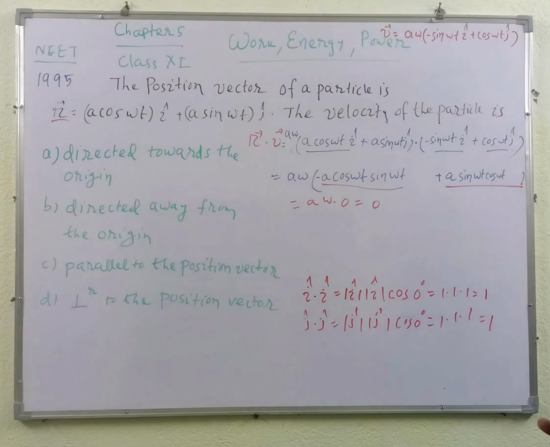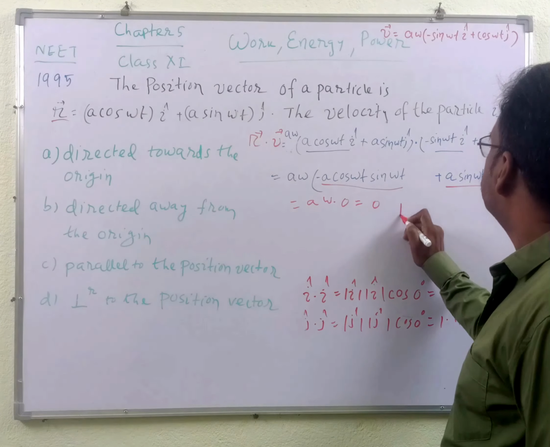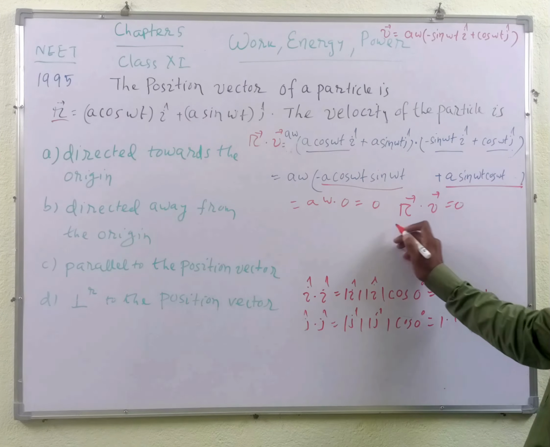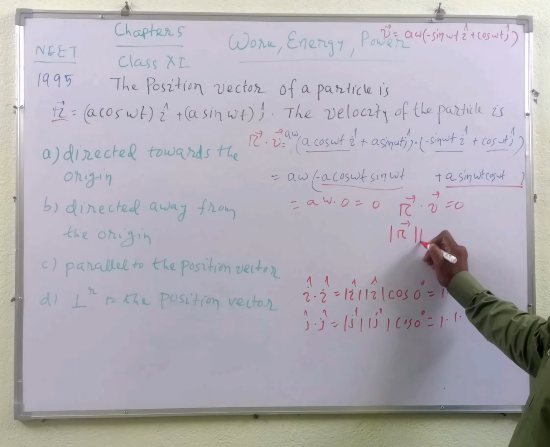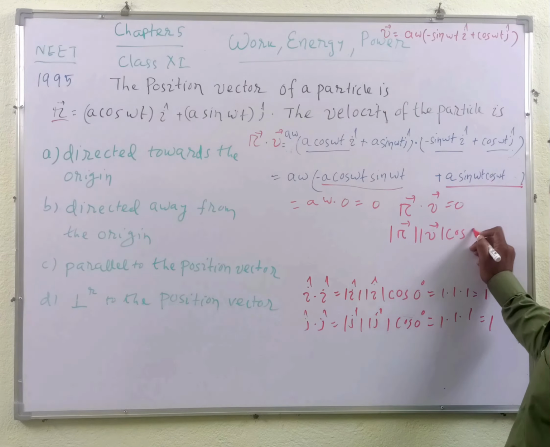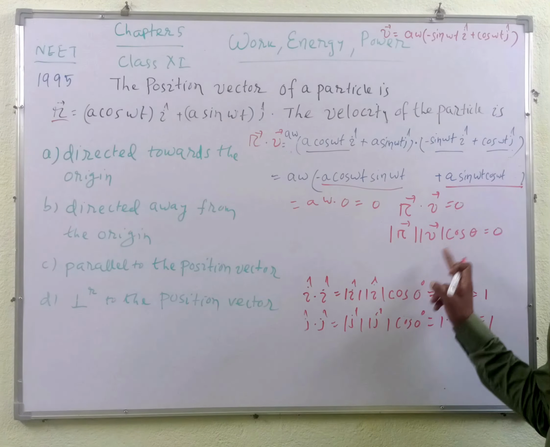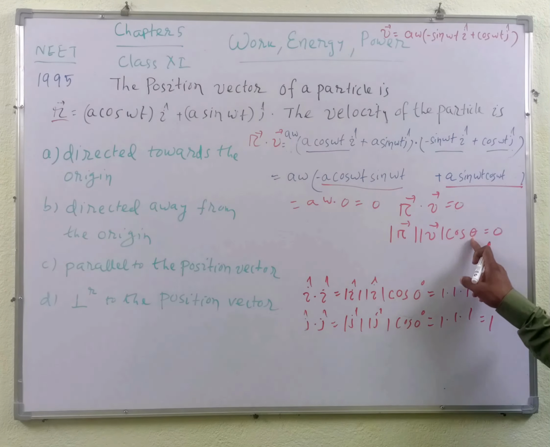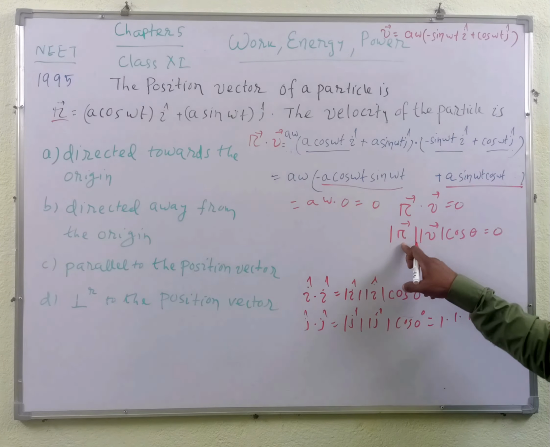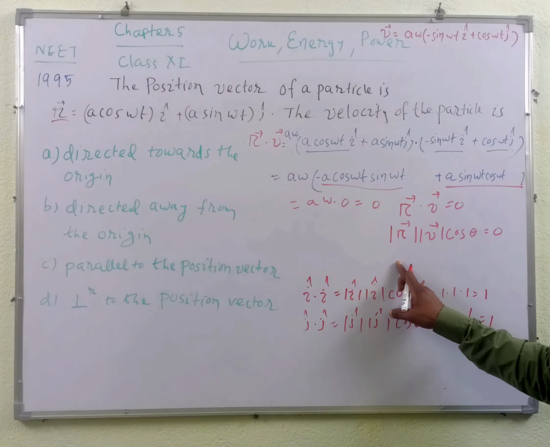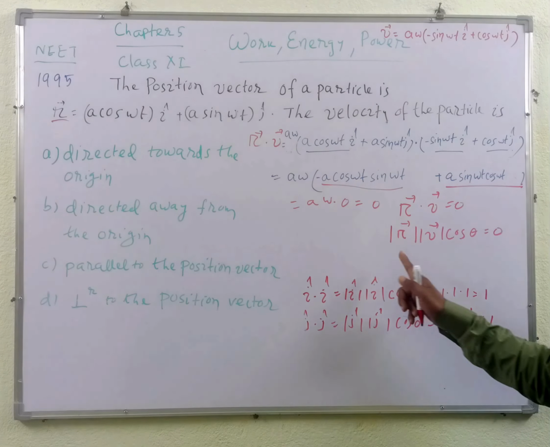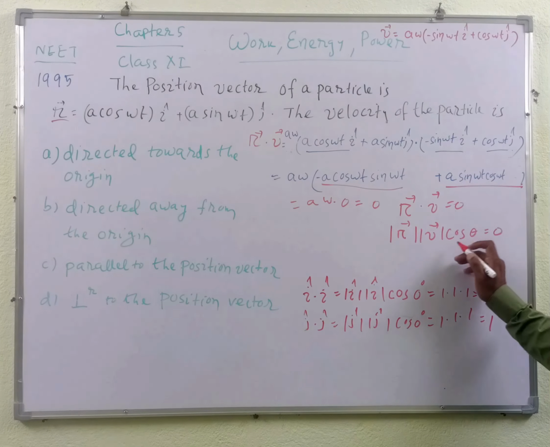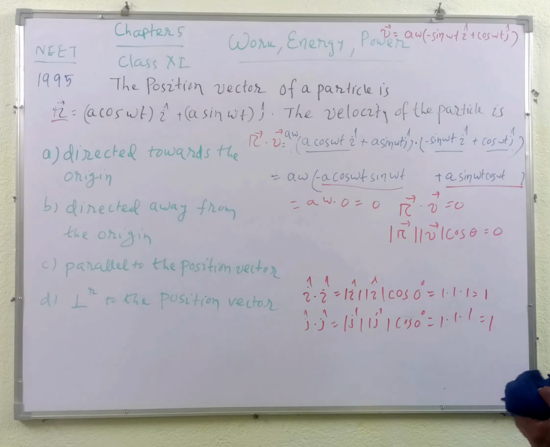And when r dot v becomes 0, this implies that mod r mod v cos theta is equal to 0, where theta is the angle between the position vector and velocity vector. Okay, students, and mod r is not given as 0, the radius vector is not 0, and the velocity also is not 0. So what is 0? That is cos theta, obviously.